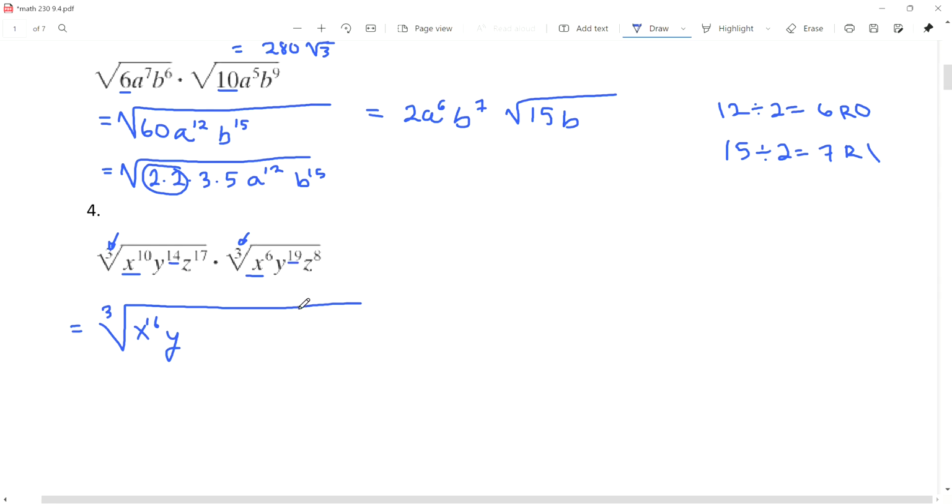We add those together. We have z to the 17th times z to the 8th. That gives us 25. So this is z to the 25th. Since we're looking for groups of 3, we'll take the exponents and we'll divide each of these exponents, the 16, the 33, and the 25 by 3. We're looking for groups of 3.